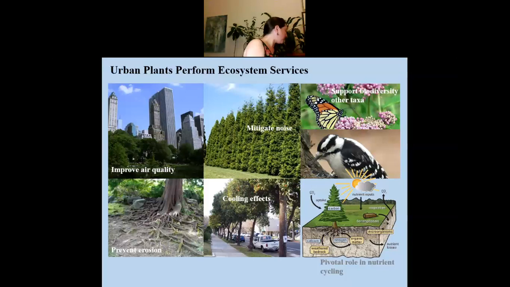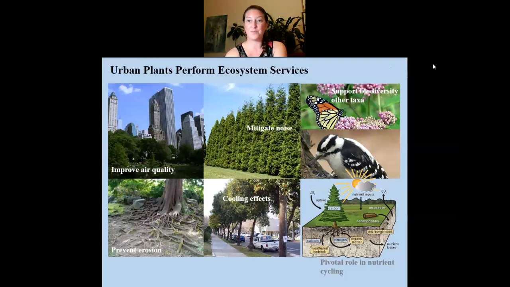Well, plants are important. Even in urban areas, plants are really important. So some of the things they do are they improve air quality for us. They help mitigate noise, so reduce noise from like busy streets. They support the biodiversity of other taxa, which is a really fancy way of just saying they help other organisms live.